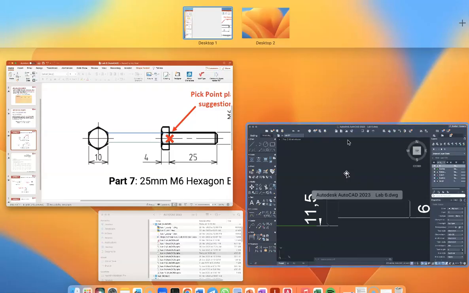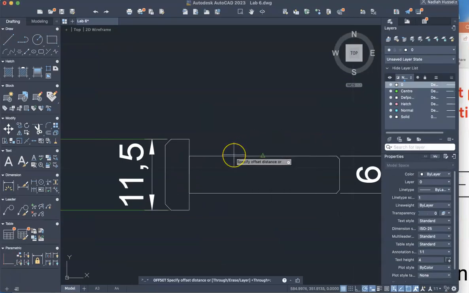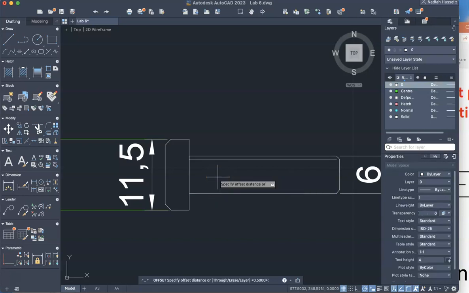Maybe 0.5 would be sufficient. Let's try to offset that. So I'm going to specify the distance, 0.5, select object to offset, enter again, select object to offset. So selecting this guy, offset distance, going inside.